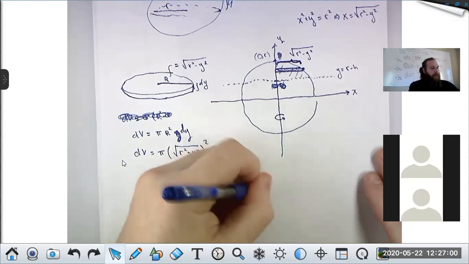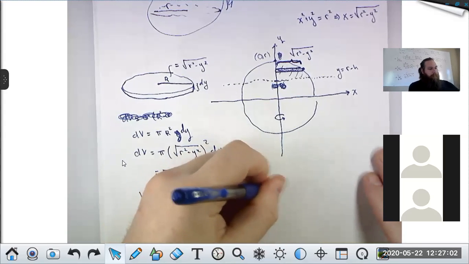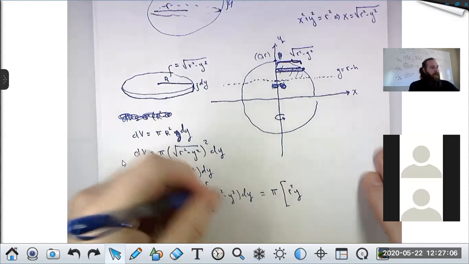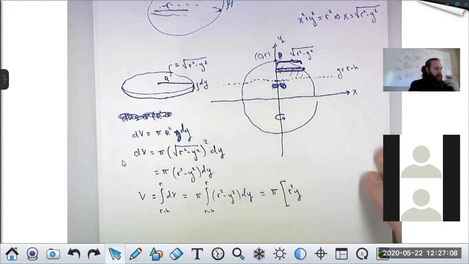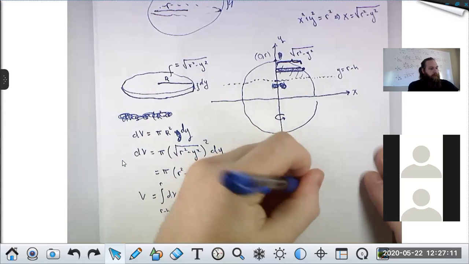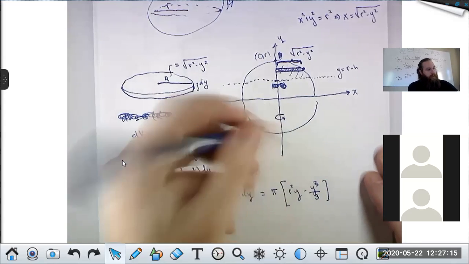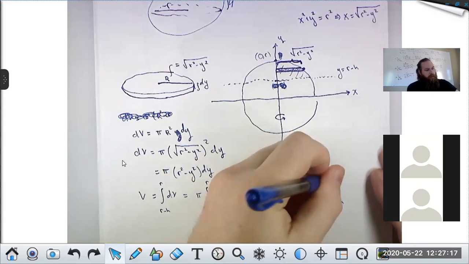So then if I go ahead and carry out the integration step, r squared dy will integrate to r squared y, and y squared will integrate to y cubed over 3. And I have that evaluated from r minus h to r.